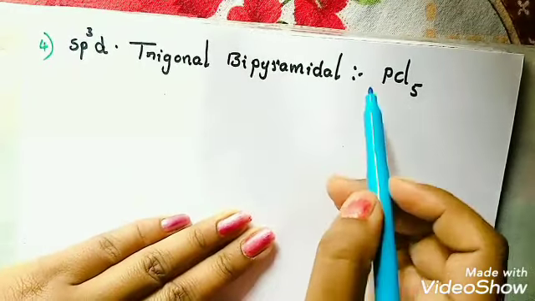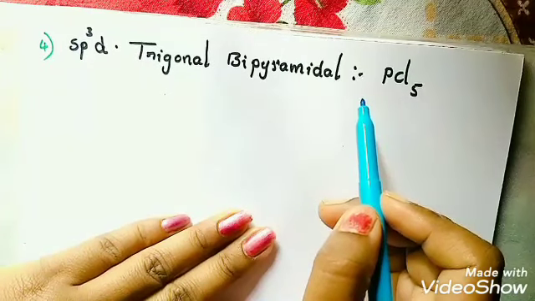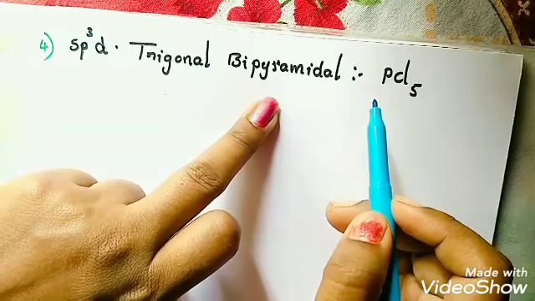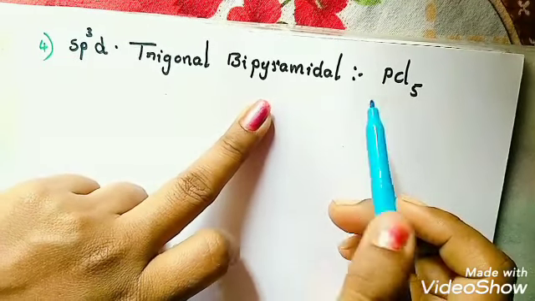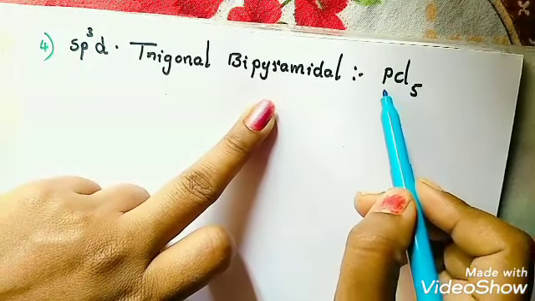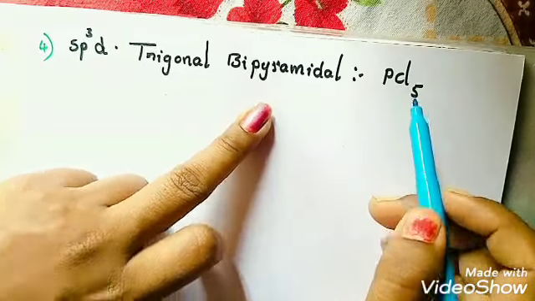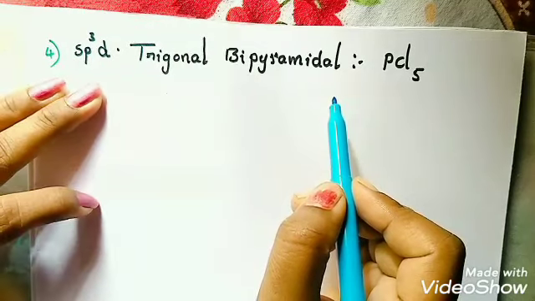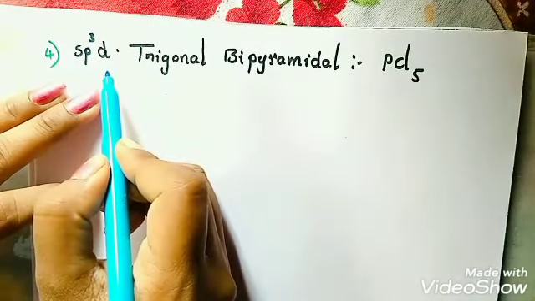Number 4, sp3d hybridization. This is also called trigonal bipyramidal hybridization. The best example for this, students, is PCl5, phosphorus pentachloride. So students, in this, the finally formed hybrid orbitals are 5.